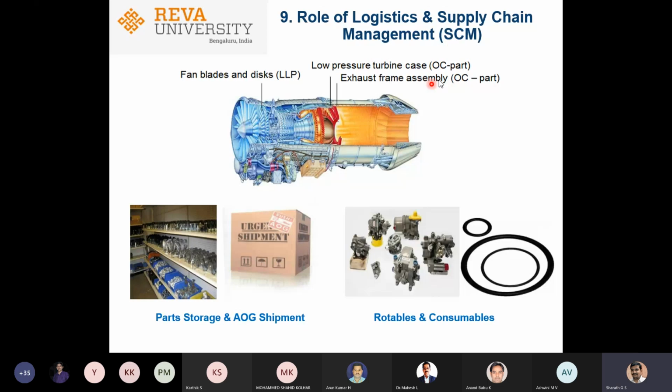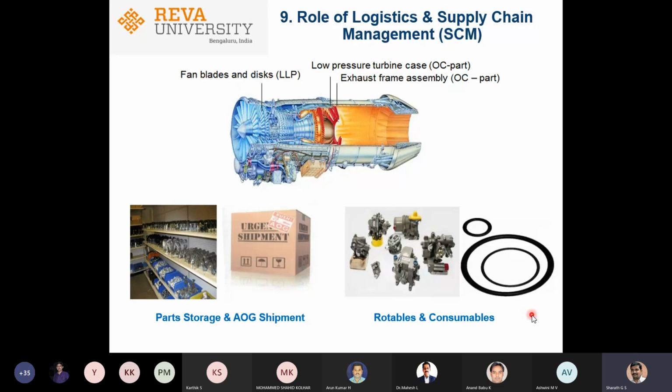And on condition parts do not have any life and they are replaced based on condition. But the life limited parts become critical spares when they approach their life, they have to be replaced. We have to ensure that we have enough number of buffer.